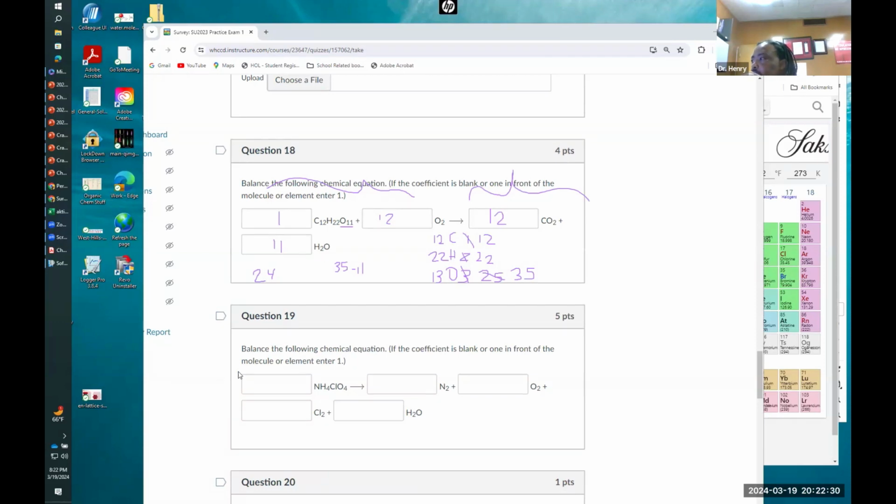Okay, what about the next one? Okay, so we know here's our arrow. So all of these guys are on the other side. So then how many nitrogens do we have on our reactant side?